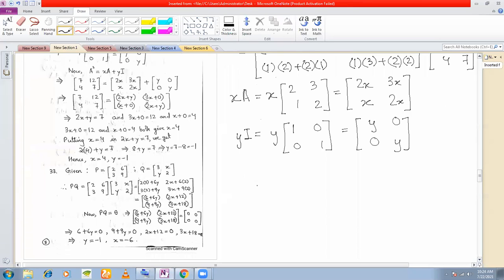So according to the problem, a square is equal to xa plus yi. Put the values. A square we have got above as this.